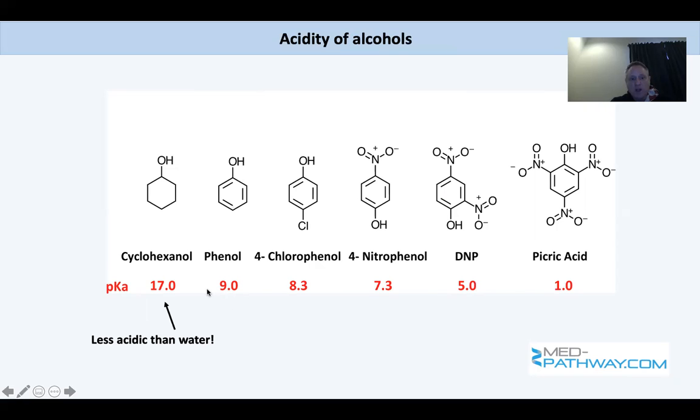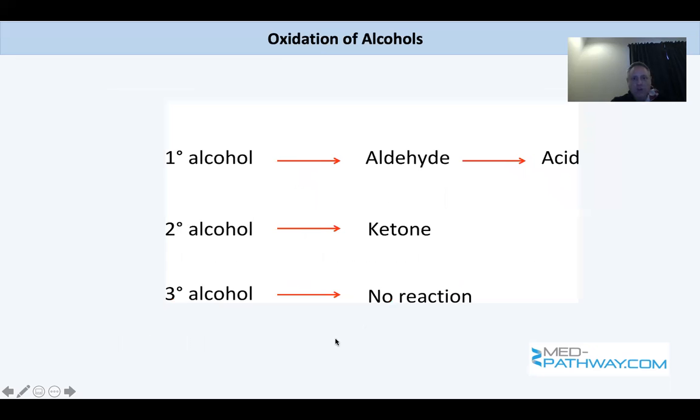It's way more acidic than an aliphatic alcohol, which doesn't have the benefit of resonance stabilization of the negative charge on the oxygen after you lose the proton. As you add more electron withdrawing groups, the pKa drops to where you get picric acid, which has a pKa of 1. This is actually an explosive compound. Alcohols can be oxidized.